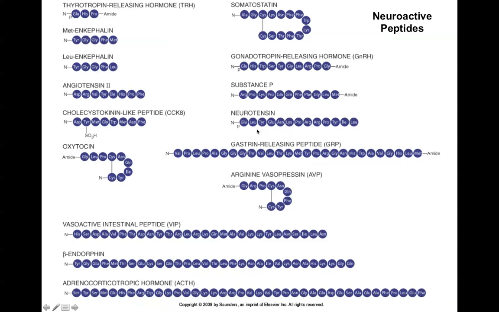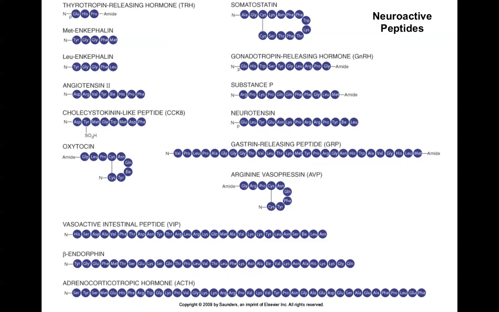These neuroactive peptides are often released along with other neurotransmitters, especially within the brain. What they do is modulate the response to the neurotransmitter, and they can create a variety of modulatory input to the postsynaptic cell.